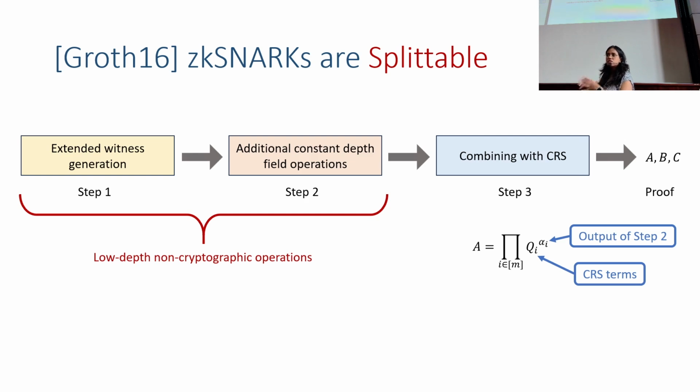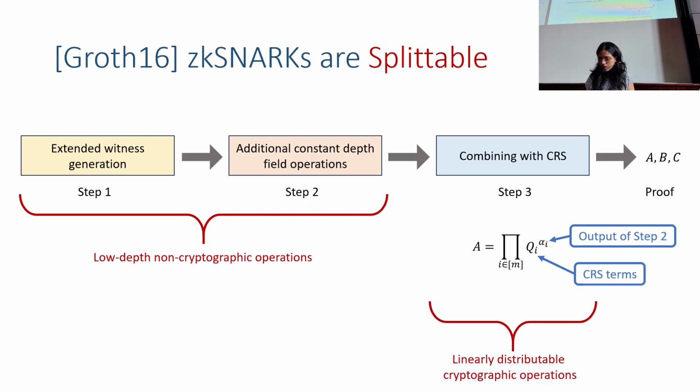Once all of the servers have computed their individual partial proofs or proof shares, it's easy to combine the proof shares. This is why the third step satisfies the linearly distributable cryptographic operations requirement that we have. As a result, you can see that Groth16 SNARKs are indeed splittable.